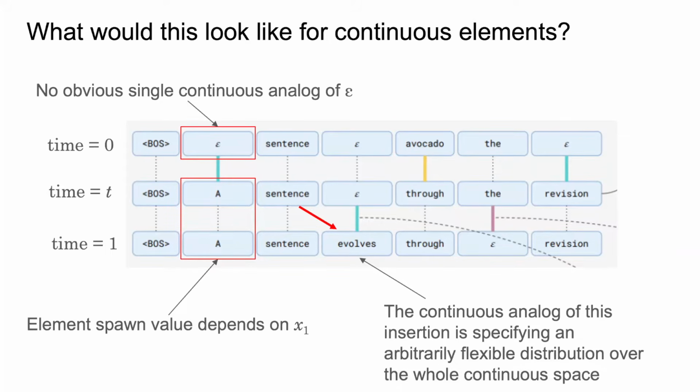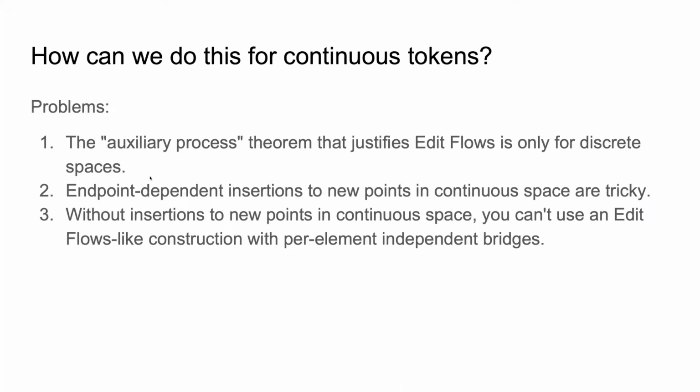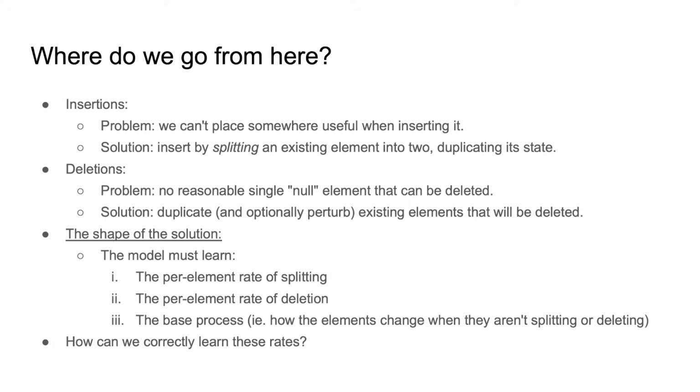It's not a problem in the discrete case because discrete models are great at assigning a logit to each of the possible values in your token space. So this doesn't naturally adapt to the continuous case. The other issue is that the auxiliary process theorem that justifies edit flows is only written down for discrete spaces, basically. So where does that leave us?